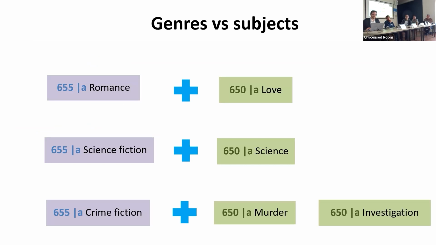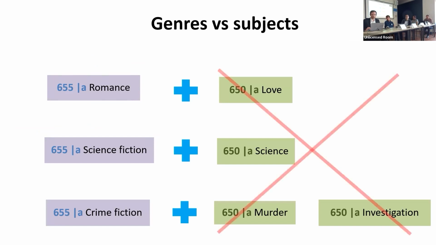Concerning genres and subjects, there is also a discussion whether we should give publications which belong to a genre a subject specific to that genre. And finally, we decided we should not do this.